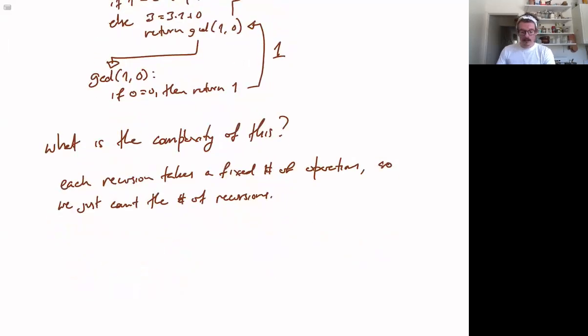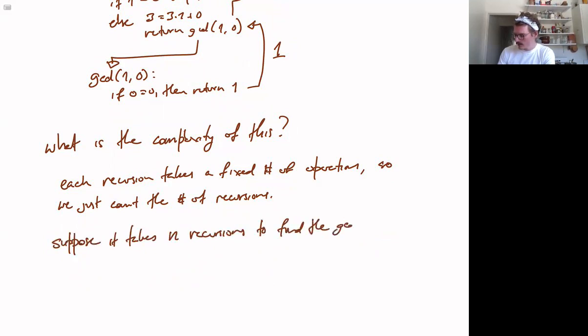So let's work backwards from where we did it before, and suppose that it takes n recursions to find the GCD.